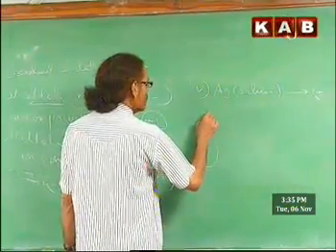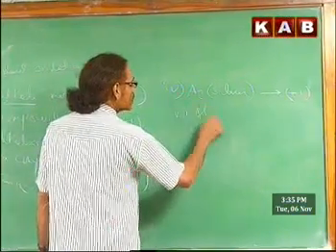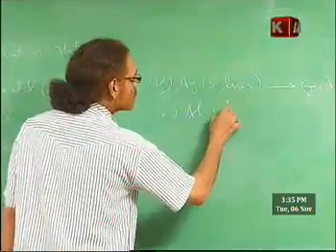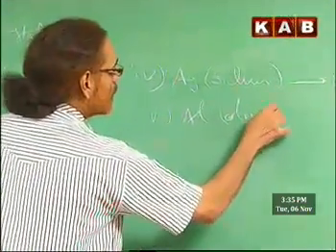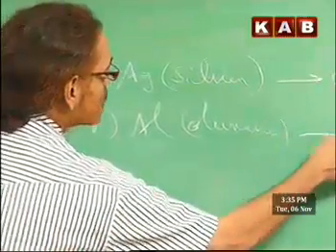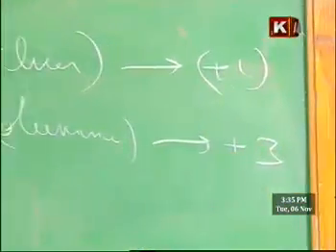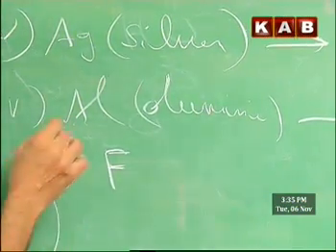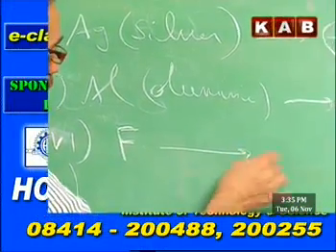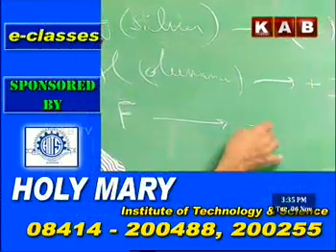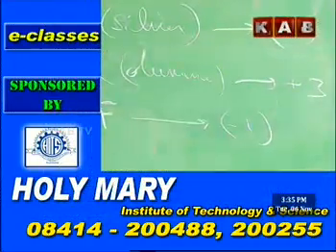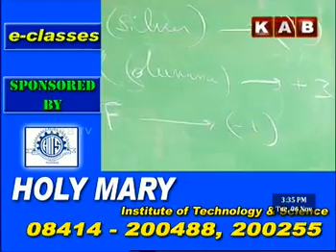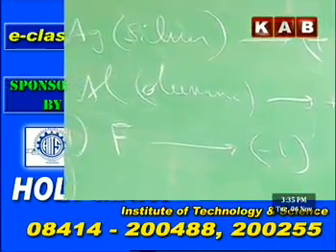Similarly, aluminium also has the same oxidation state always. In all its compounds, it has a definite oxidation state, +3. In halogens, fluorine has a definite oxidation state, that is -1 in compounds. So these are examples with definite oxidation states.